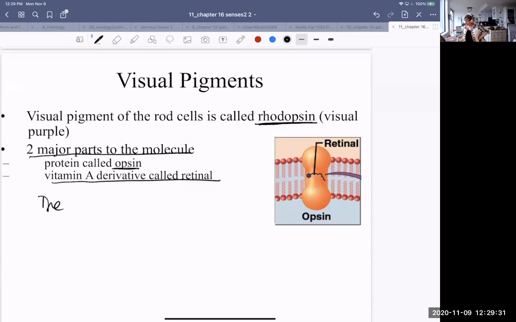So the absorption peak, or the wavelength that rod cells can absorb best, is 500 nanometers. So that has the most impact, but they also absorb wavelengths at either side of that.